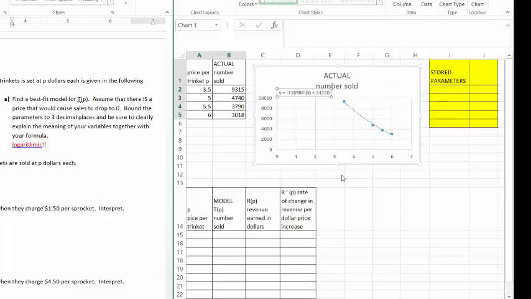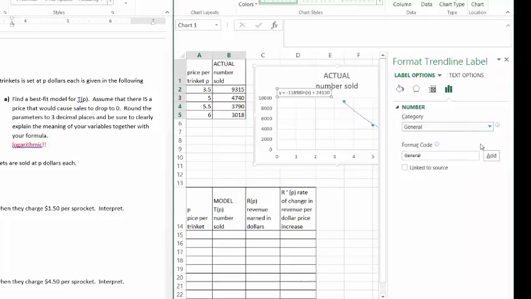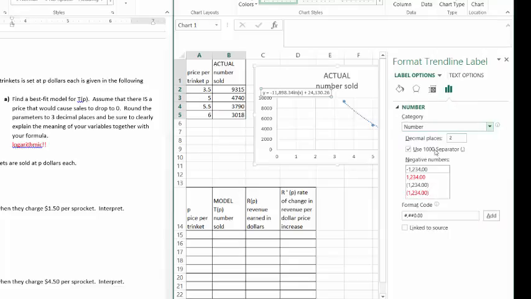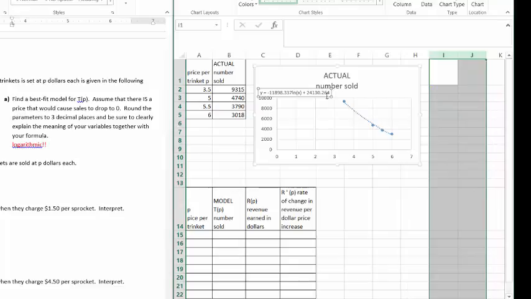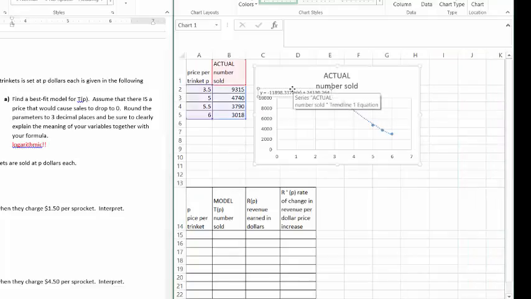So I'm going to format my trend line label and go to number, and I'll take those decimal places out, about 3 places there. There we go. All right, so we see we have this logarithmic function where we input the price of each trinket and output the number sold.